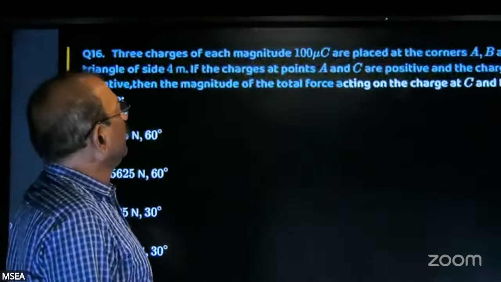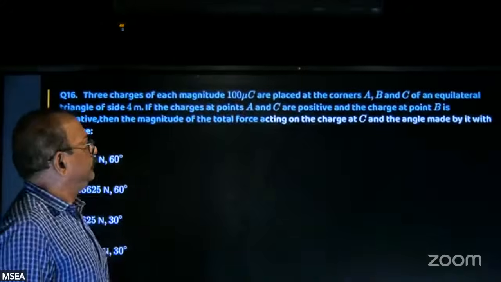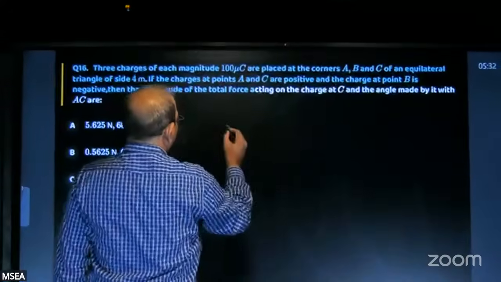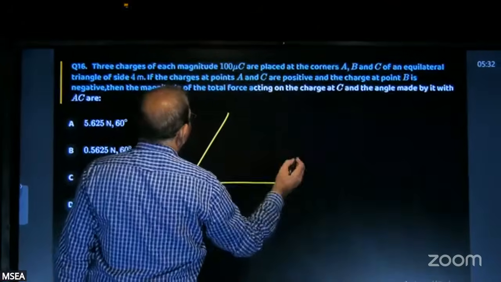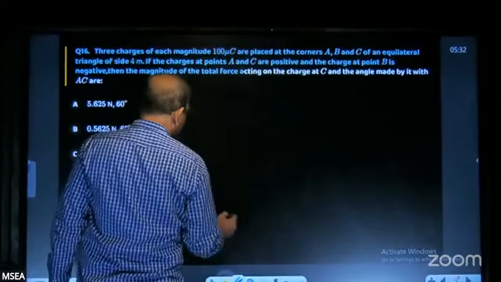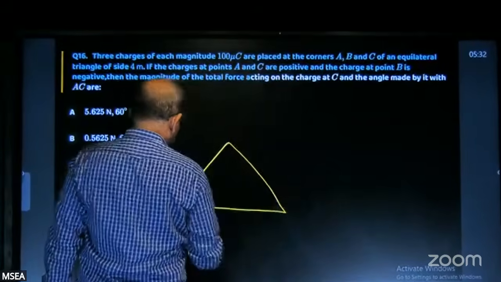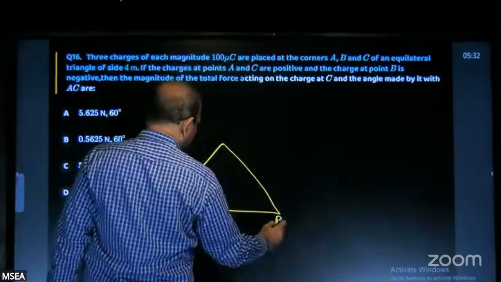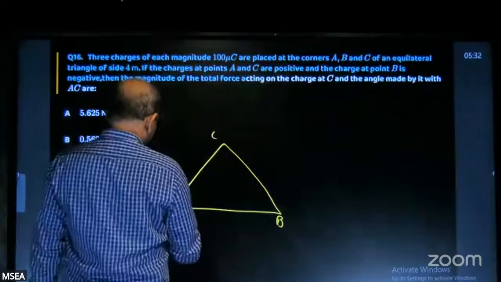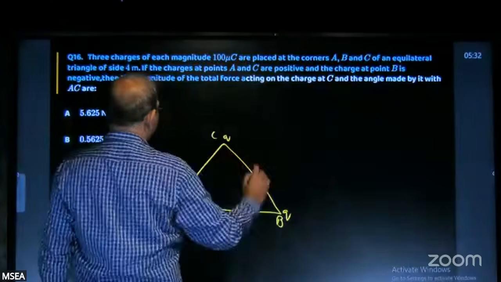See here, three charges of magnitude 100 microcoulomb, all have the same magnitude, are placed at the vertices of an equilateral triangle. So first I am drawing the equilateral triangle A, B, C. At all three, same charges are there, magnitude of charge same.